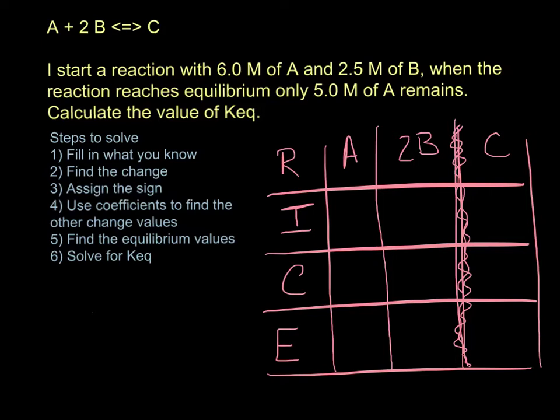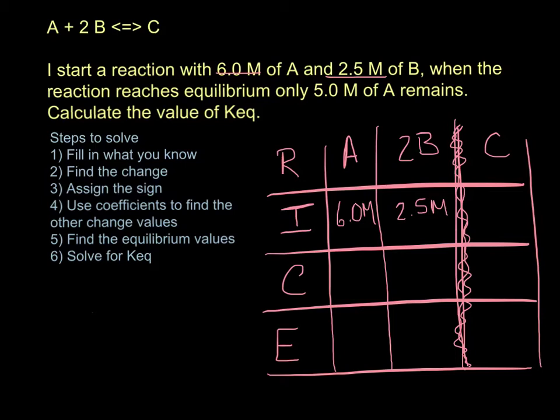Now we're going to follow the steps over here in order to solve this equation, and the first step is to fill in what we know. Alright, so if I read the equation, I know that I have 6 molarity A, so that's initially 6.0 molarity, and 2.5 molarity of B. So that's another initial value.